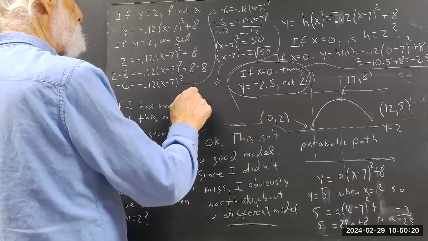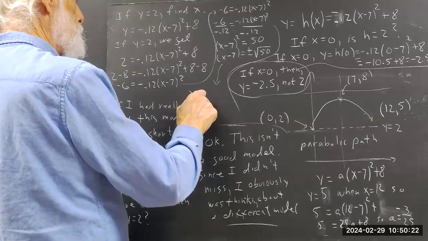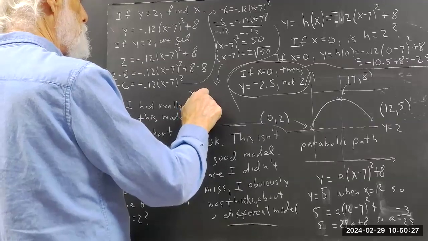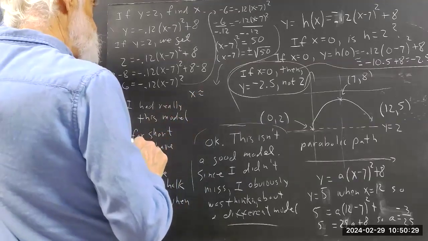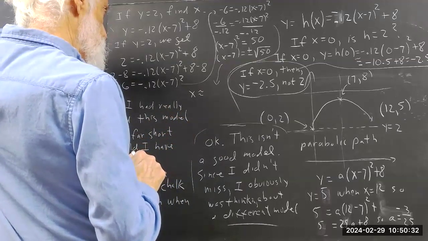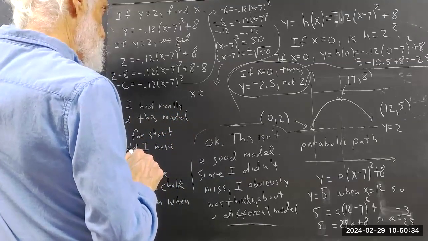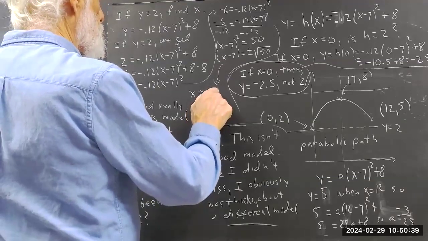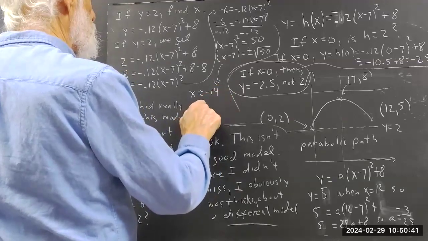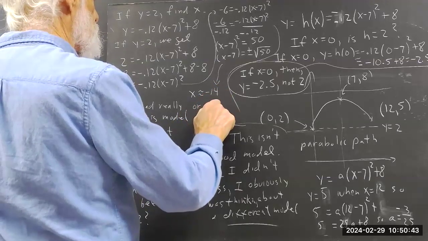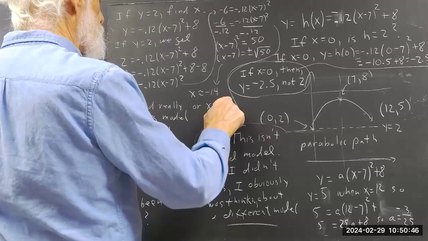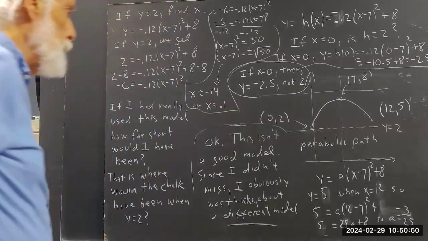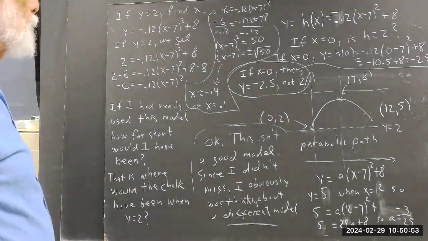We get x approximately negative 14, or x approximately equals 0.1.